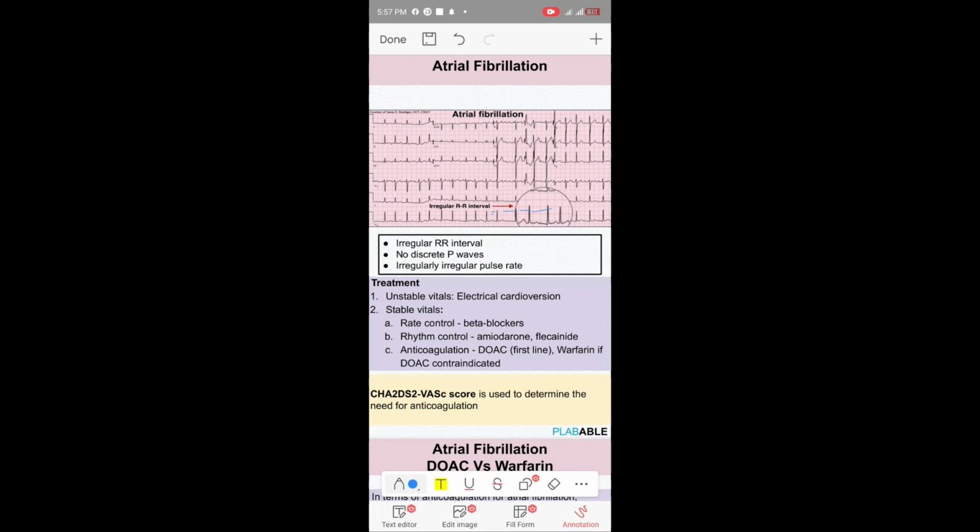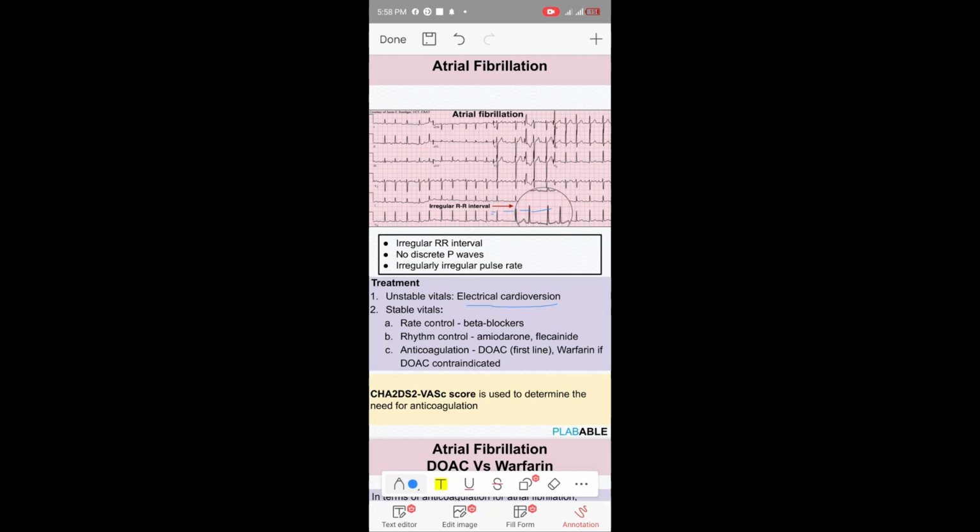If this atrial fibrillation is unstable, the patient is having chest pain, hypotension, or feeling dizzy, you need to do electrical cardioversion, and that will be synchronized. Wherever there is a QRS complex, you need to do a synchronized cardioversion.